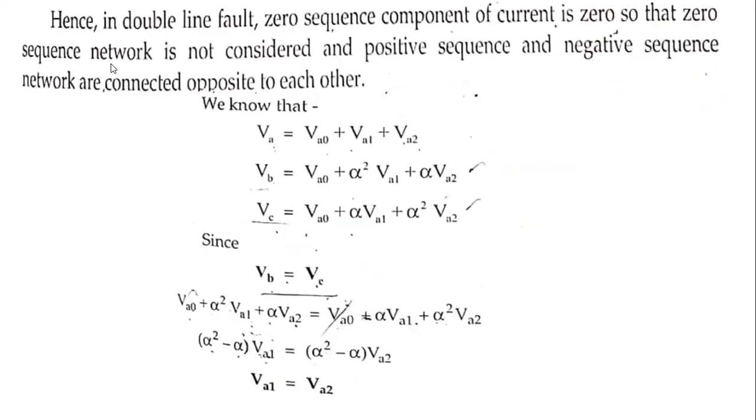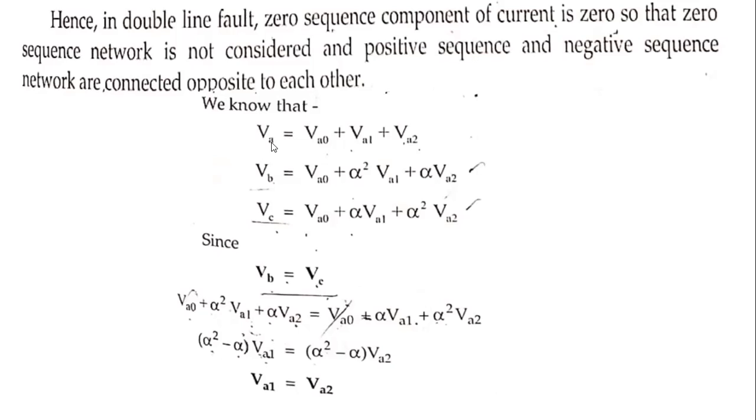Similarly, we calculate the voltages. What is the formula for voltages? In a double line fault, the zero sequence component of current is 0, so the zero sequence network is not considered, and the positive sequence and negative sequence networks are connected in opposition to each other.